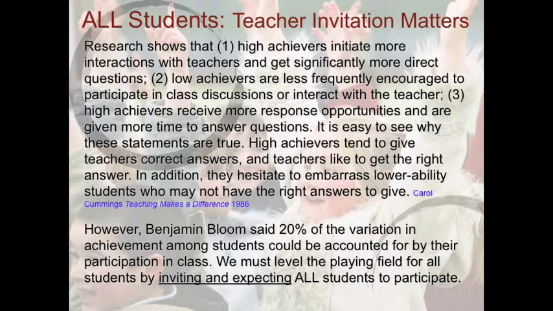However, we must all remember that Benjamin Bloom said 20% of the variation in achievement among students could be accounted for by their participation in class. We must level the playing field for all students by inviting and expecting all students to participate.